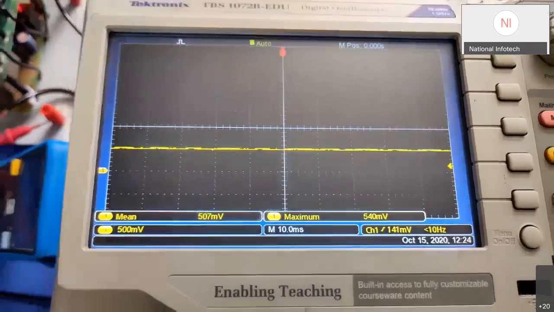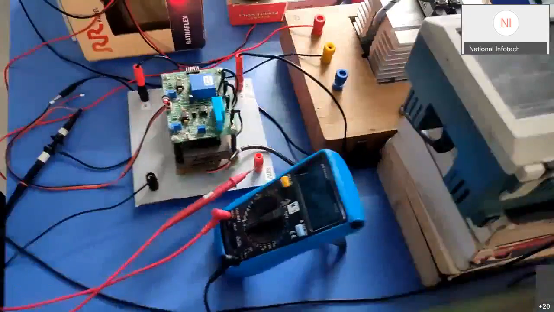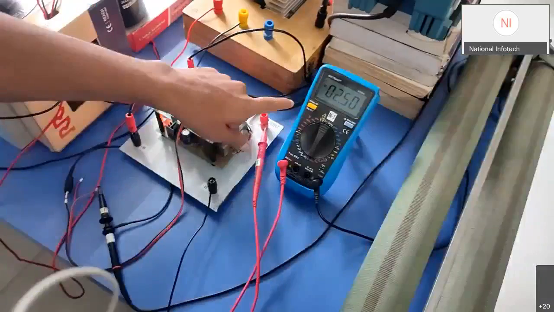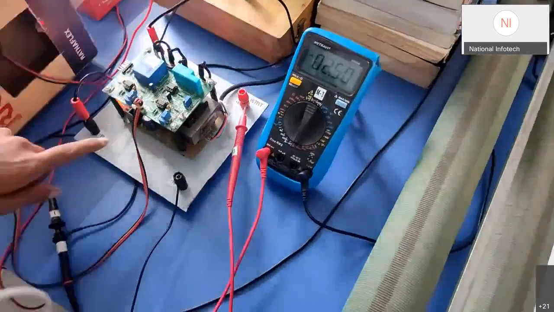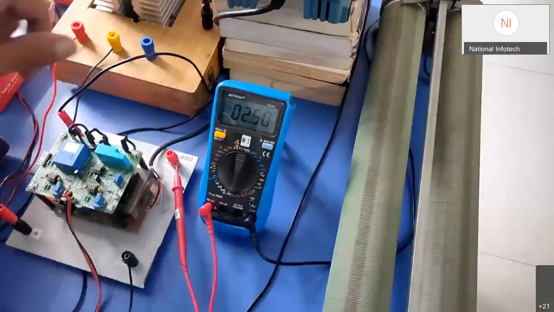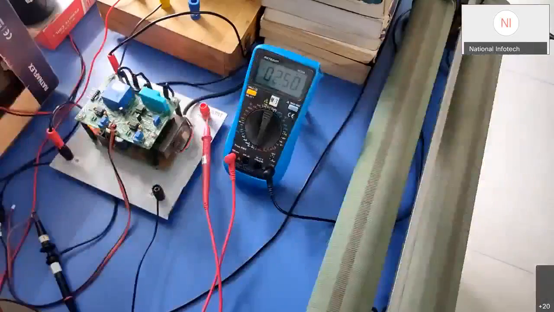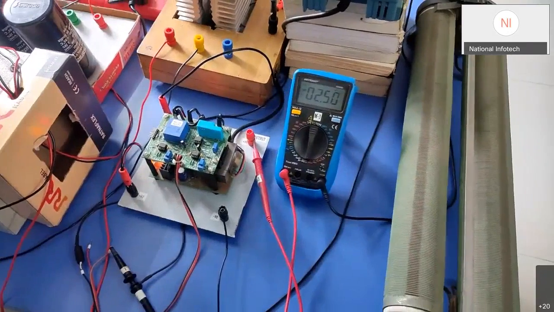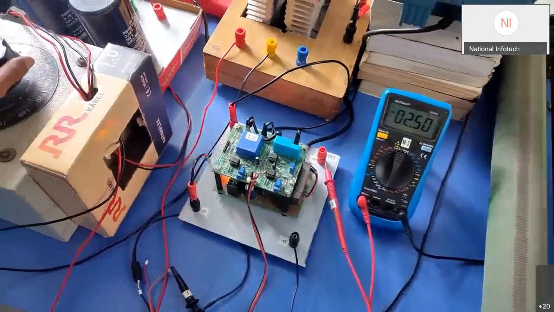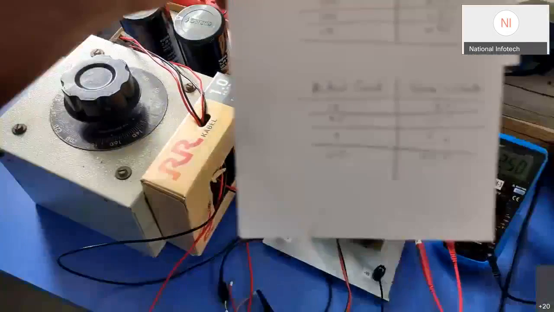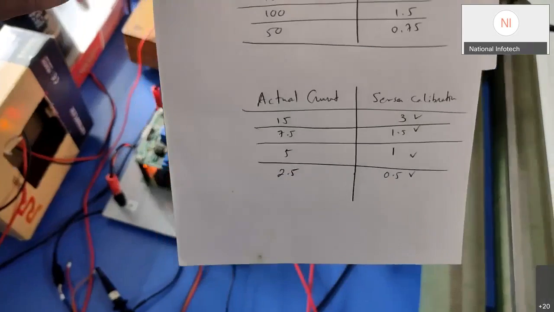So it is set on the 500 millivolt. So at the 2.5 ampere current, this sensor is giving us the output of 0.5 volt. Now I'll increase the current to 5 ampere, and we'll observe it should be giving us the 1 volt. You can see the calibration which I have written.